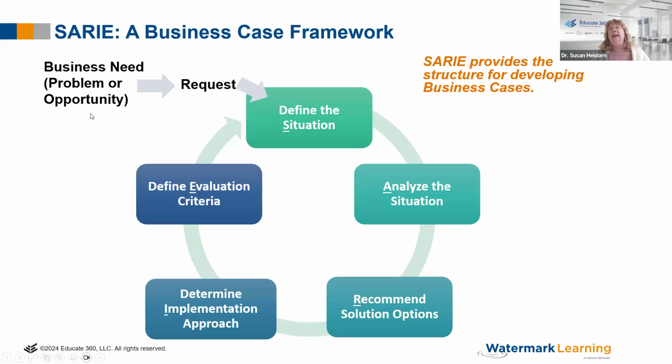So certainly you have to have the business need, the problem, or the opportunity. Then it's like, okay, we understand here's the problem we need to solve, or the opportunity, and so we have a request to create a business case. And the request might have been from me as I'm seeing things where we could do this better, easier, faster, cheaper, whatever.